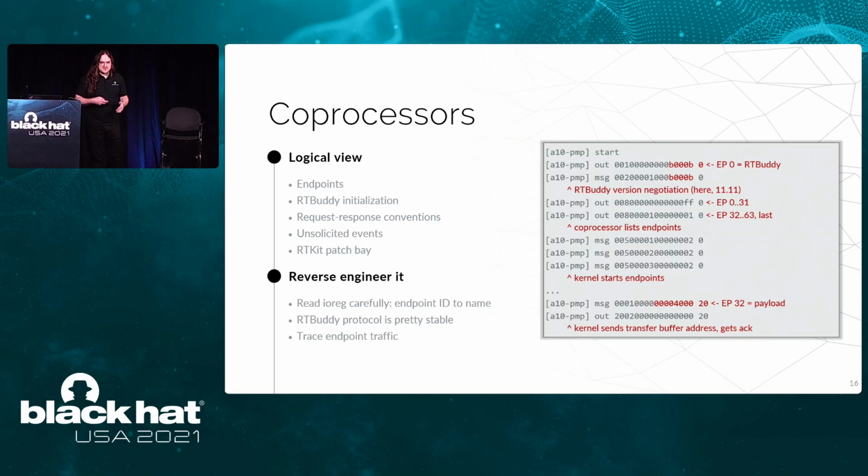Those are all management kind of built-in RTKit endpoints. And then you reply with another message saying, well, I also support endpoint 32, and by the way, that's it. The high bit set tells XNU that this is the last endpoint being enumerated. 32 is usually the endpoint that most of the real action, the stuff that you actually want to model, will be happening over. But to get there, you have to do all of this anyway.